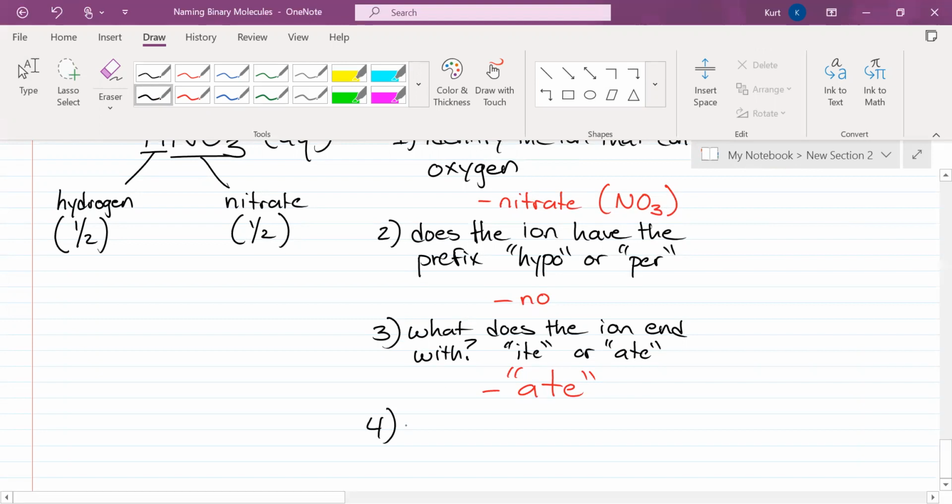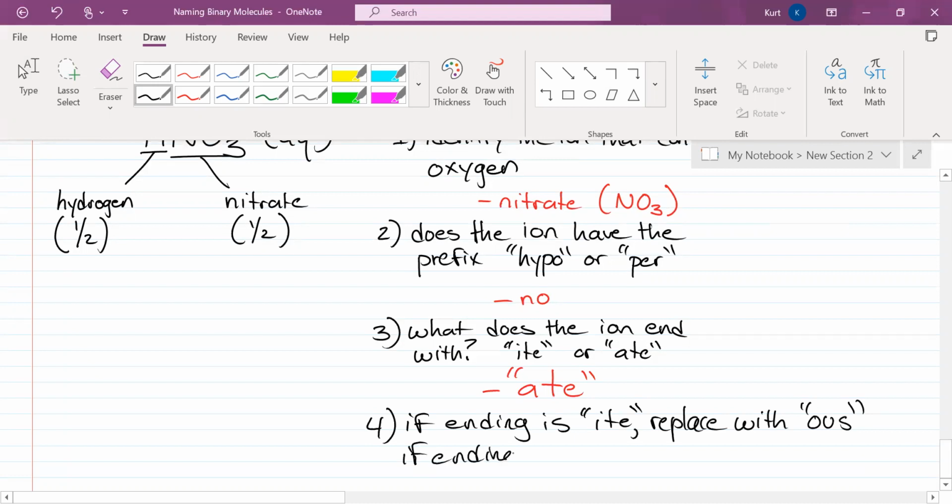Okay, step 4. If the ending is ITE, you replace it with OUS. If the ending is ATE, you replace it with IC.